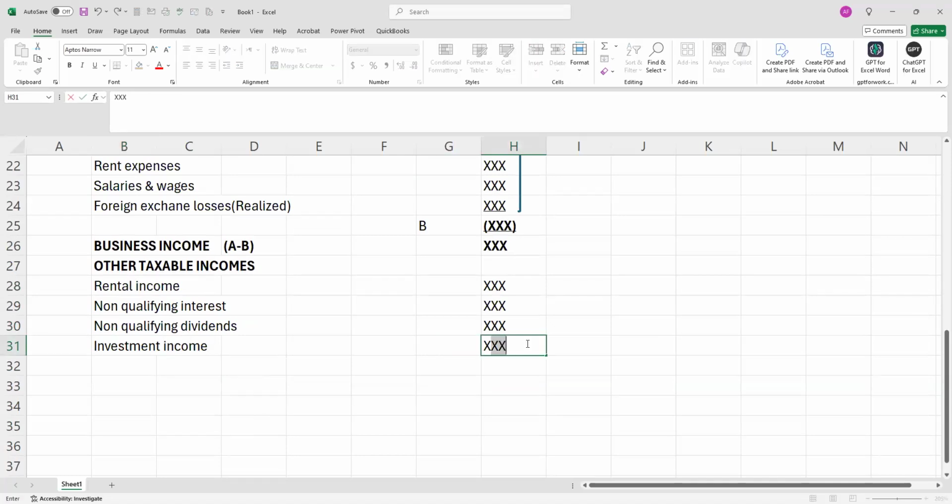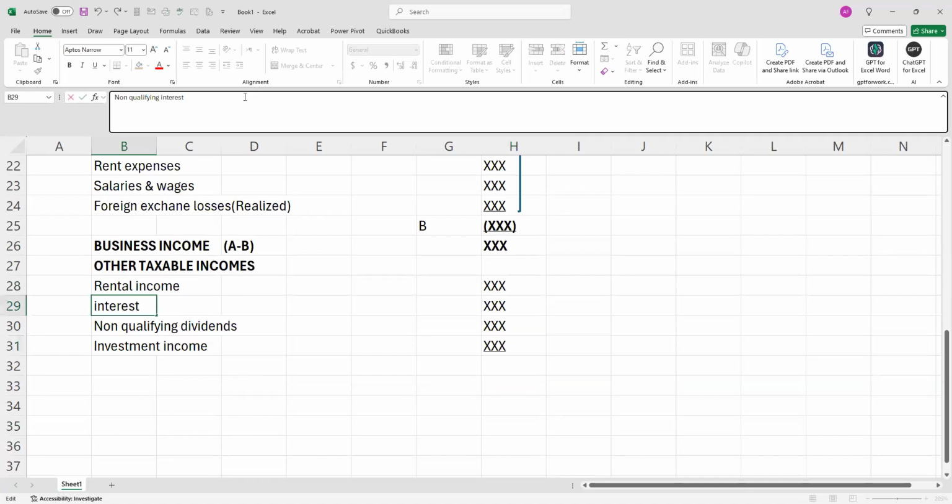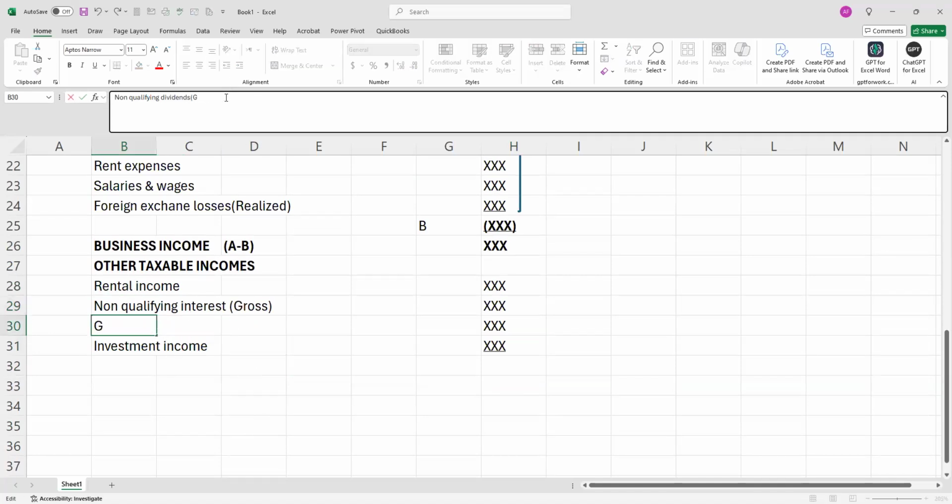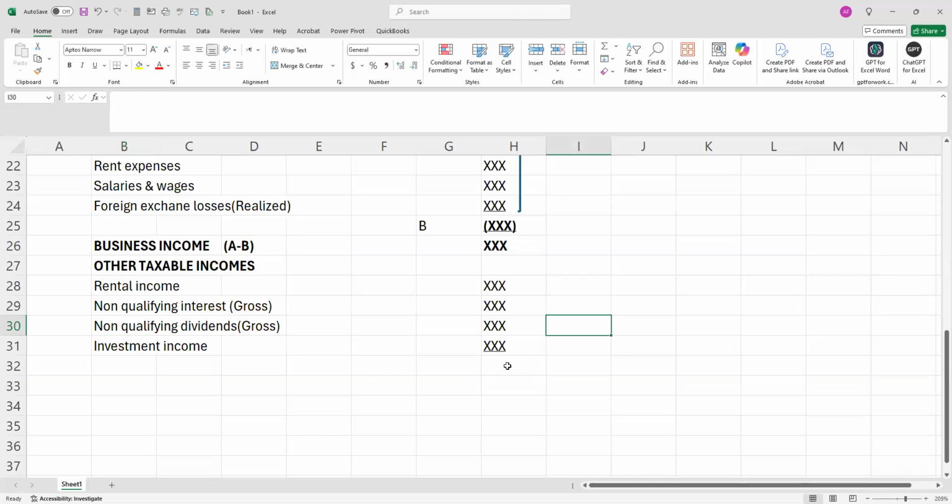So you consider all your incomes. And remember, at this point, for the non-qualifying dividends and interest, we are talking about gross. This is something that is very important for us to understand. We are talking about gross.